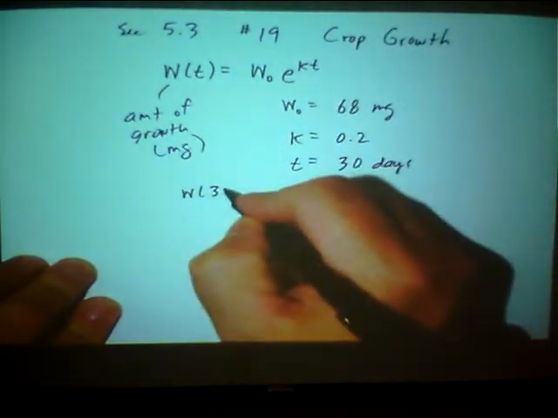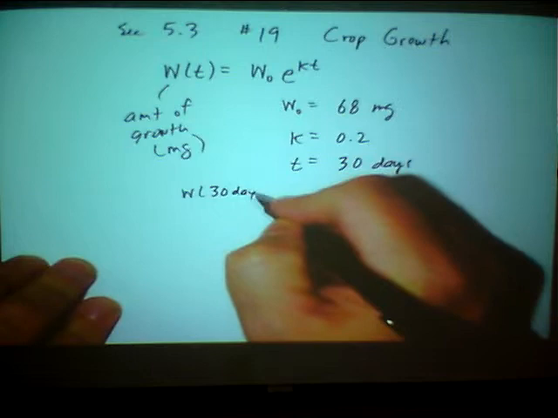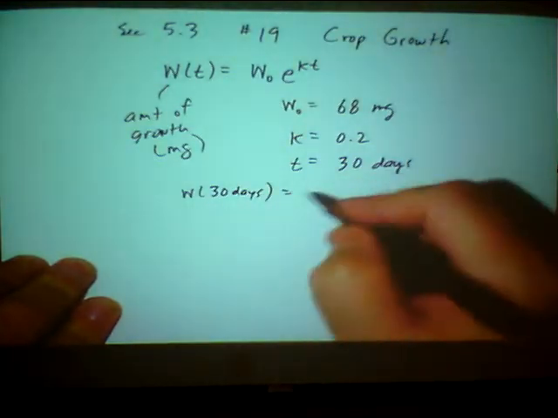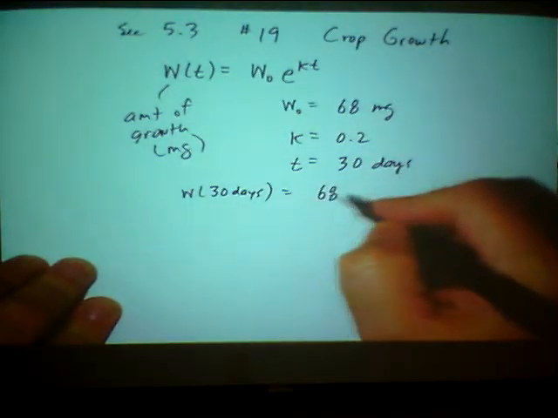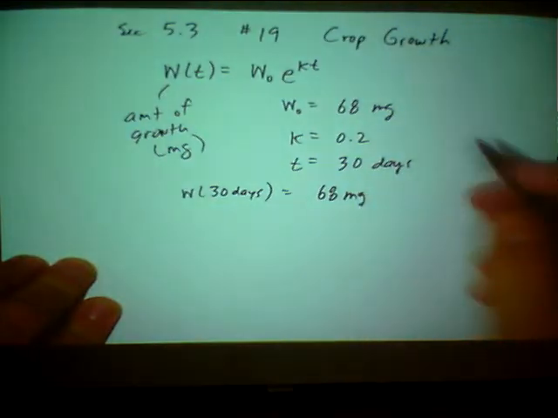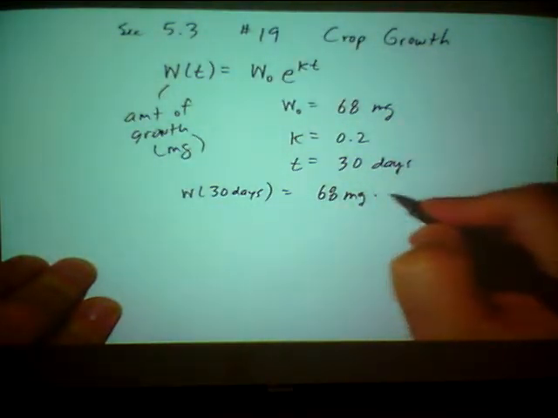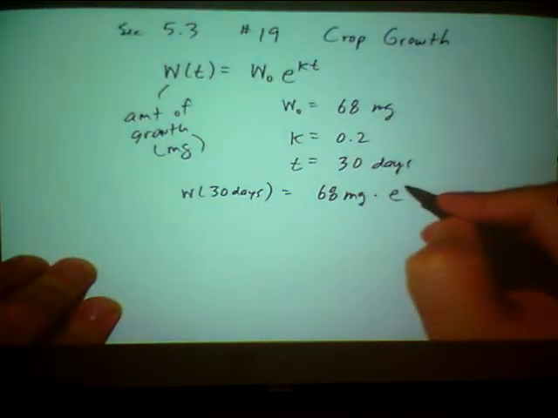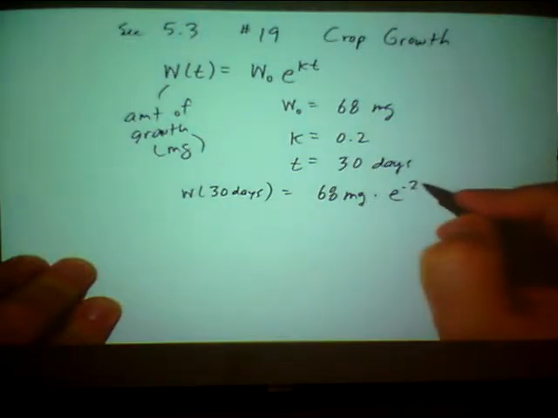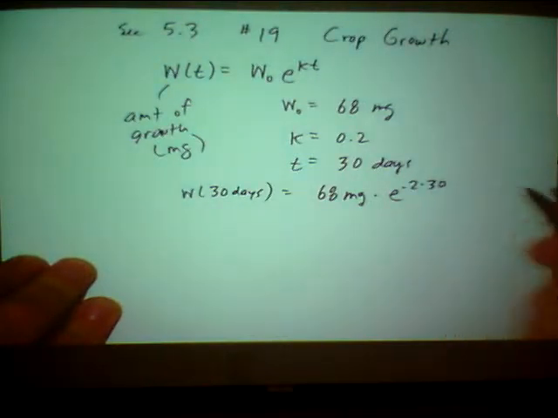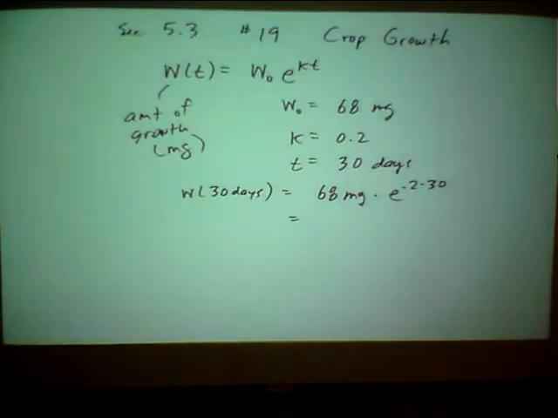So the crop growth after 30 days is equal to 68 milligrams times e to the kt, where k is 0.2 and t is 30 days. Once again, you have to grab your calculator, where you have the ability to calculate natural exponential functions.